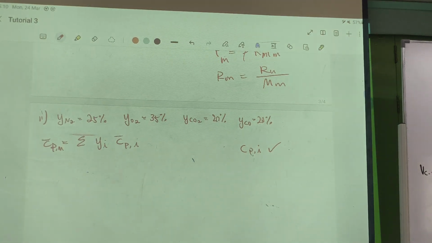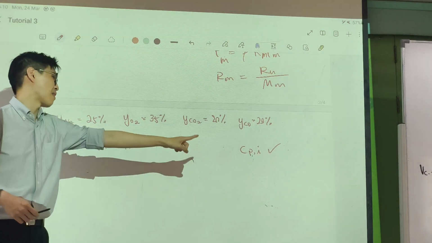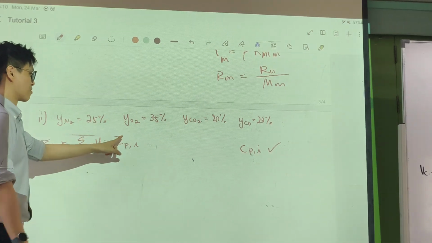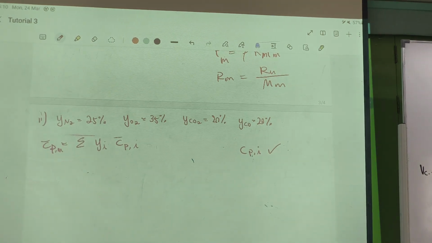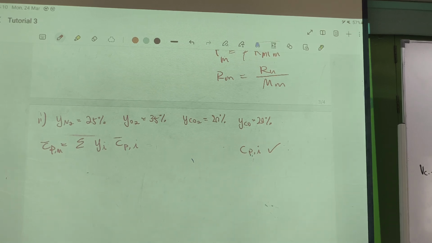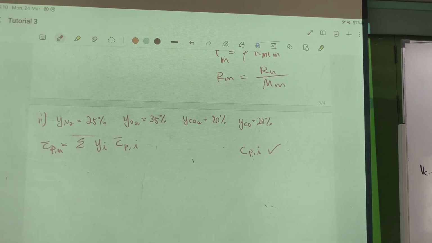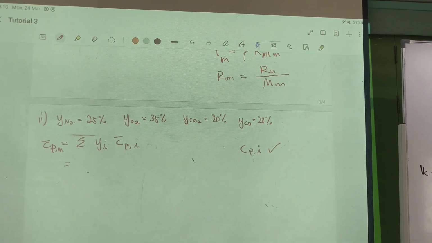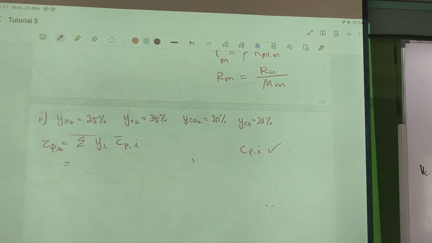Now, one thing you can do is slowly find one by one, based on the Cp, what is their respective Cp bar for each of the gases. So you can do one by one, or we can maybe shortcut here a little bit. What do I mean by that? We know that the relationship between the mole version of those properties and their mass version is always just through the molar mass.